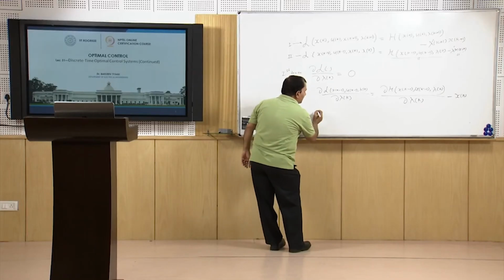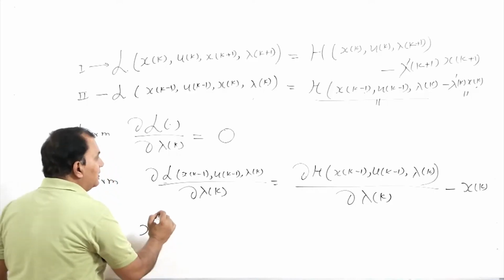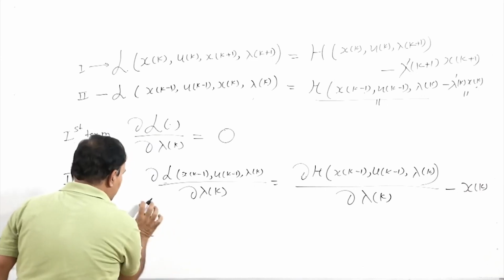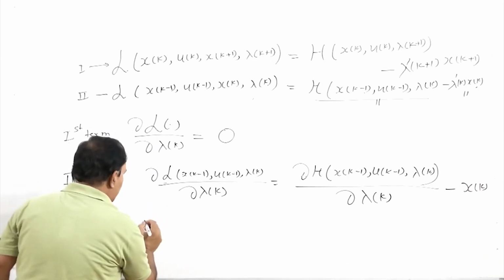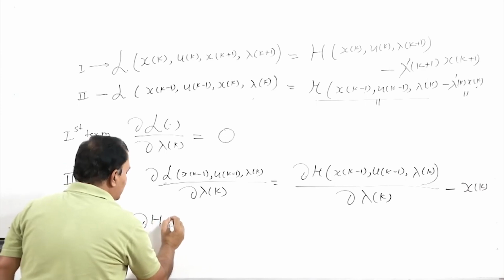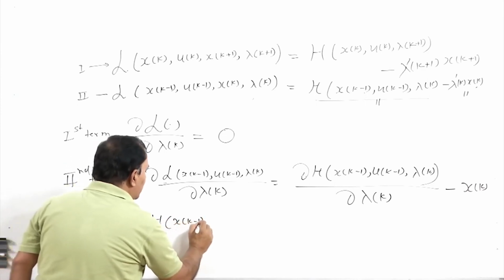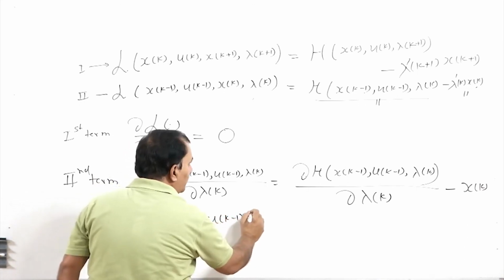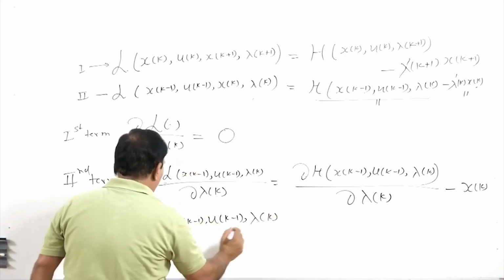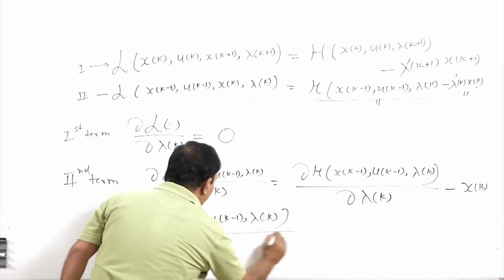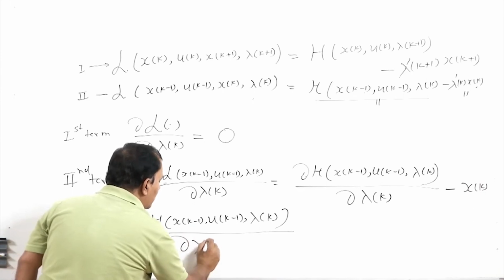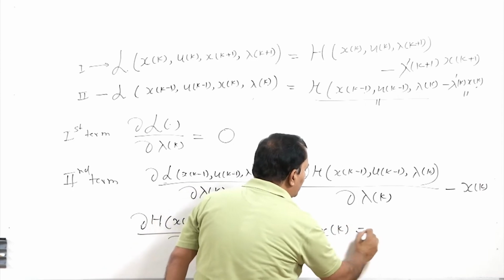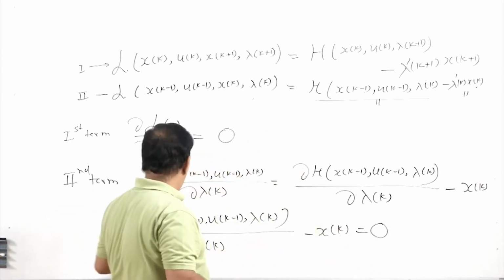So this gives me del h of x of k minus 1, u of k minus 1, lambda of k, differentiated with respect to lambda of k, minus x of k equal to 0. So, x of k equals this.